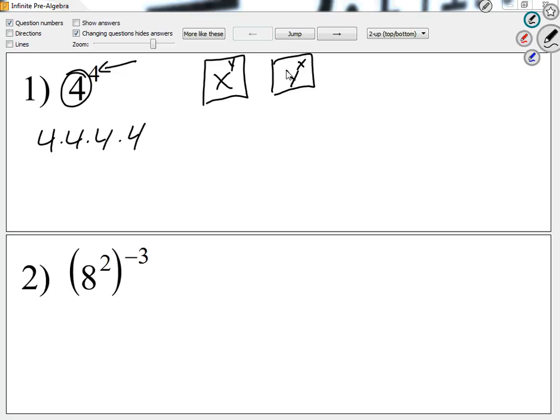Instead of going 4 times 4 times 4 times 4, you guys just write 4, press the key, and then the exponent. And then it does it. Right? So like 4 to the 20th, for example, would be way easy with that key. Typing it 20 times would be annoying, but with that key would be way, way easier.